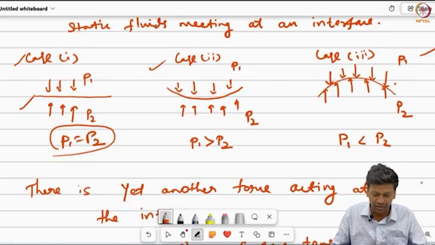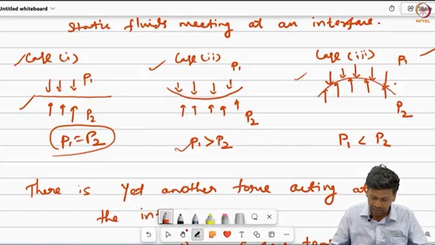Whereas you consider another scenario where we experience curvature. In this scenario, you expect that the pressure acting at the top is greater than the pressure acting upward, right? On the other side, we have a scenario where we might deal with geometry curvature similar to case 3, where the pressure acting downward may be lesser than the pressure acting upward.